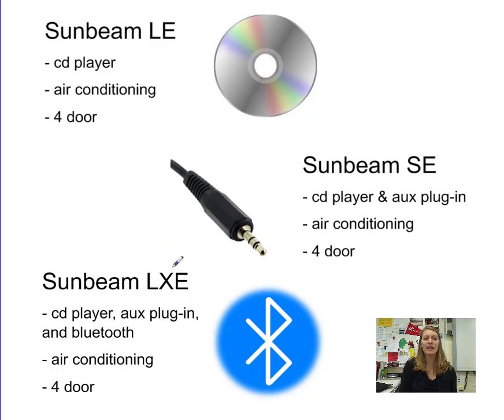And then the LXE has a CD player, aux plug-in, and Bluetooth capabilities, and also air conditioning and 4-door. So the doors, the air conditioning, that's all the same for all 3 of the models, but the difference is how you can stream your music. That's going to be similar to what we're talking about with isotopes. You have the same protons and electrons to start with, but the neutrons will be different.